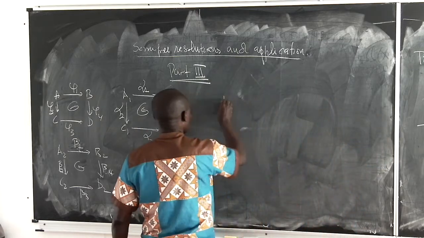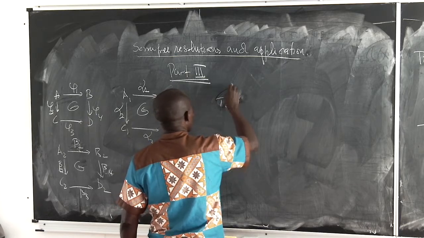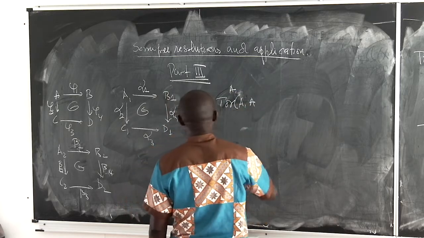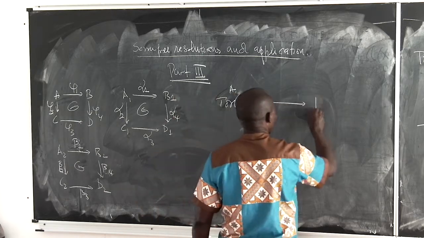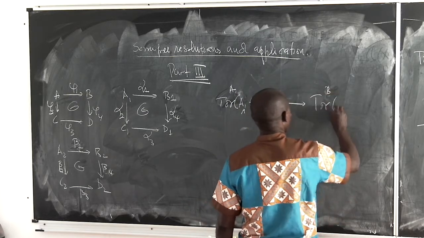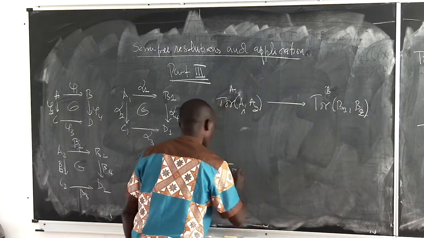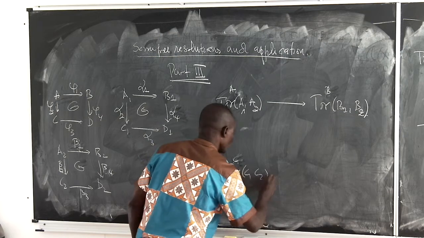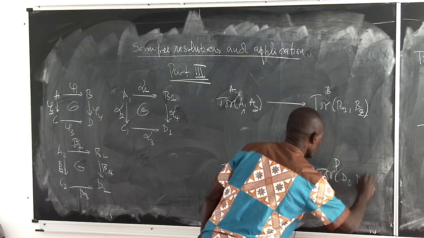This commutative diagram has here the Tor of A, A1, A2, Tor of B, B1, B2, Tor of C, C1, C2, and next we have here the Tor of D, D1, D2.